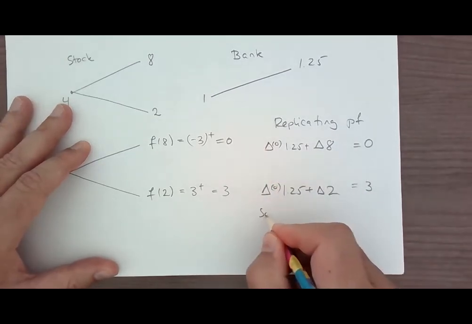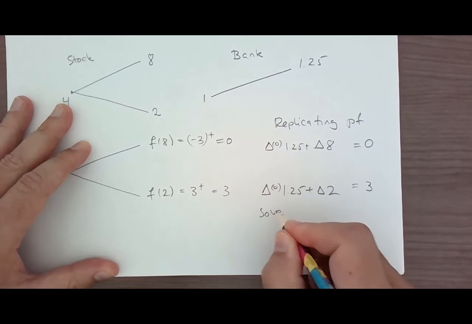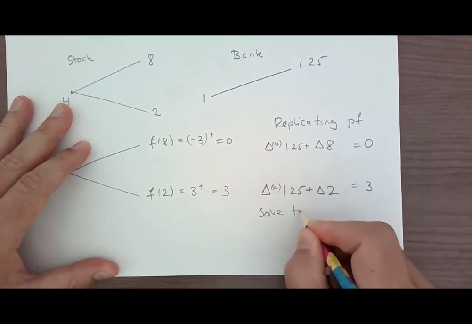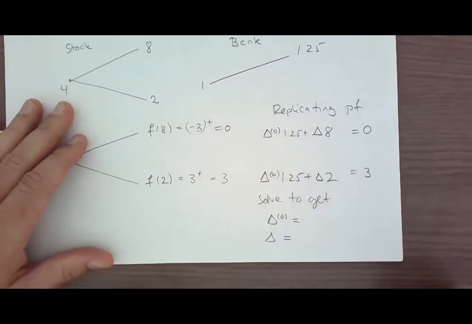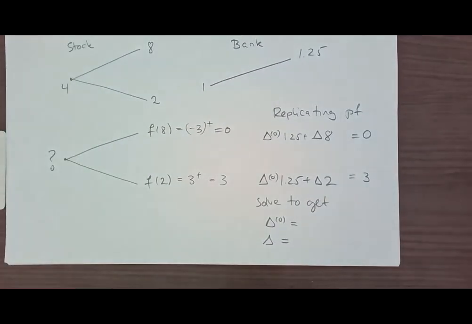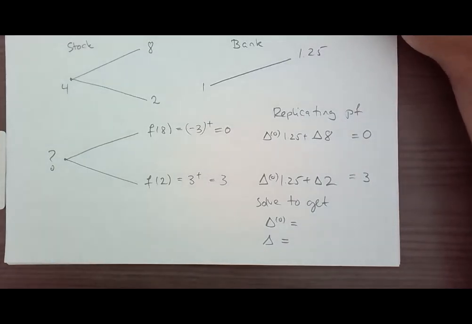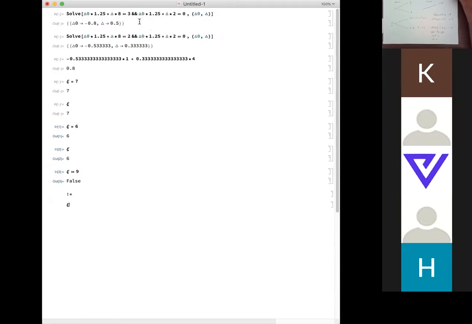So I need to solve to get the portfolio, and what is convenient now is that we already have the software built. So if I switch over to Mathematica, this one here was our code from before the break.